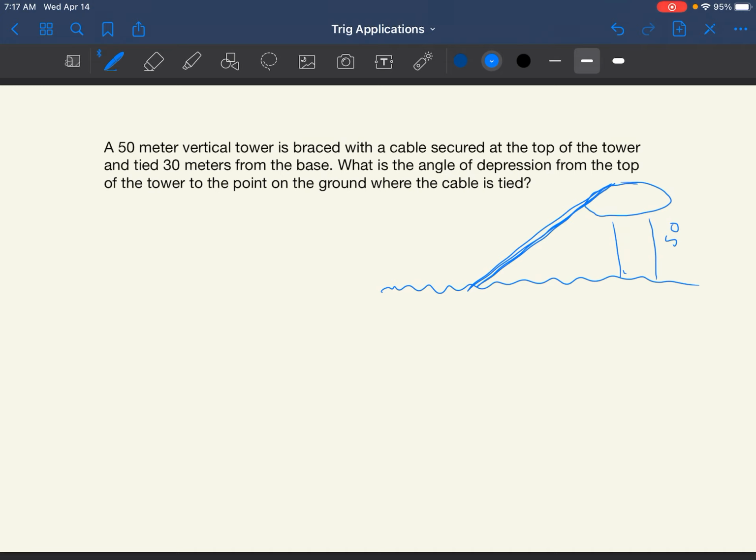So we have a 50-meter vertical tower braced with a cable secured at the top of the tower and tied 30 meters from the base of the tower. So this is 30 meters from the base of the tower. So that distance right there is 30.